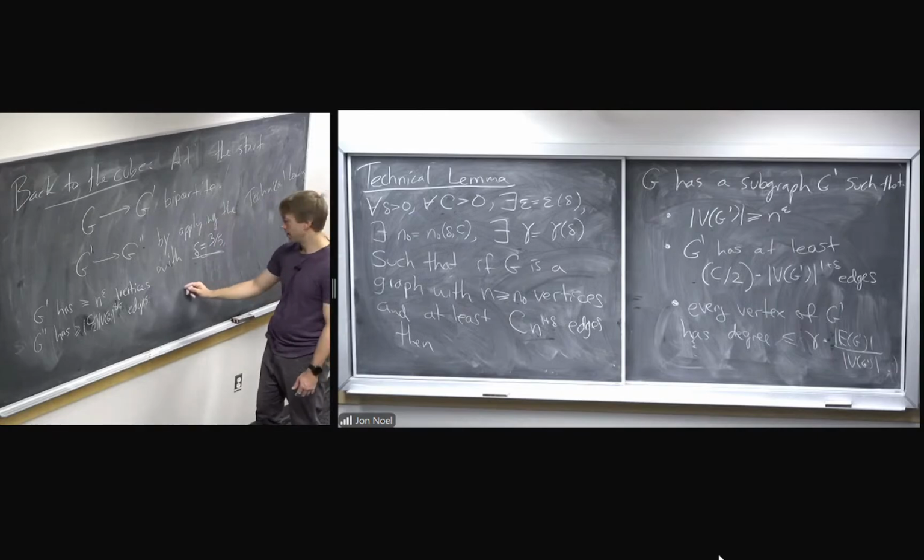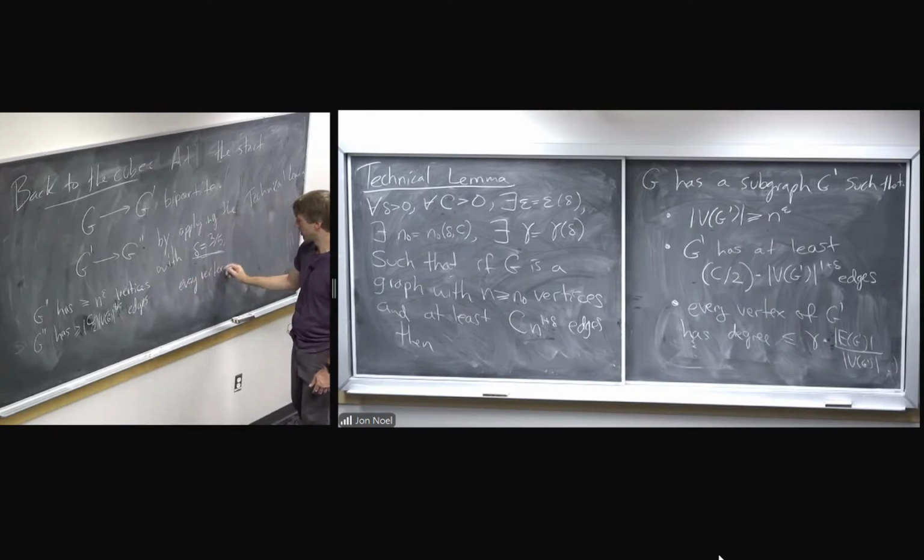And every vertex has degree at most this gamma, which only depends on delta. Delta is just 3 over 5, so this is just a number. For all intents and purposes, this could just be 10 to the 10. I don't know, I mean, it's just a number.